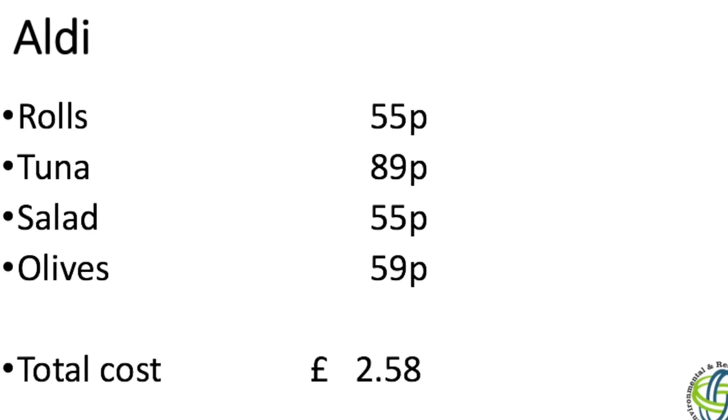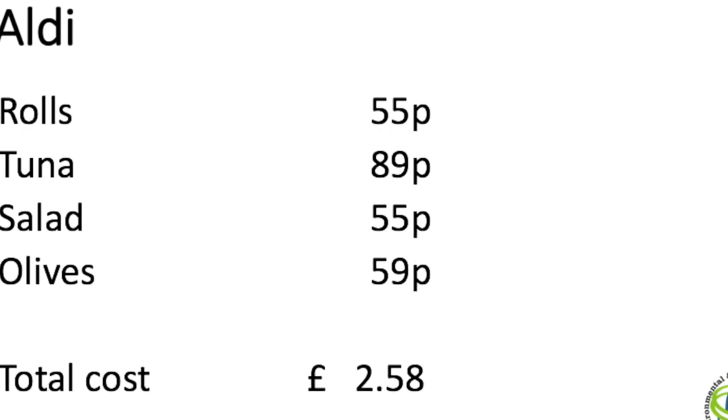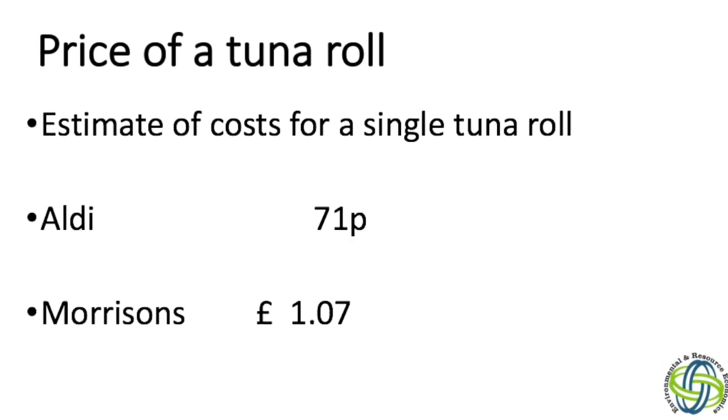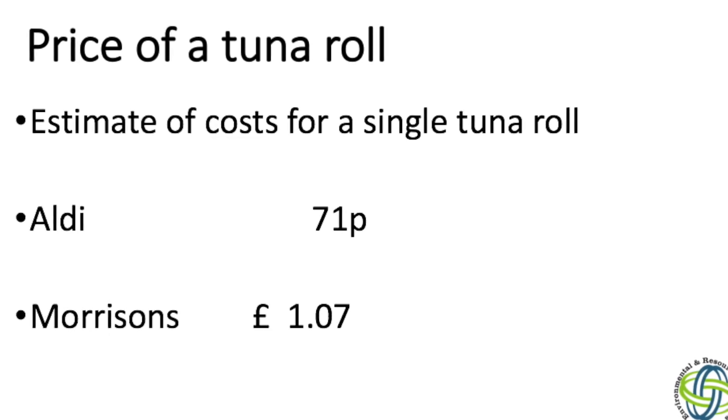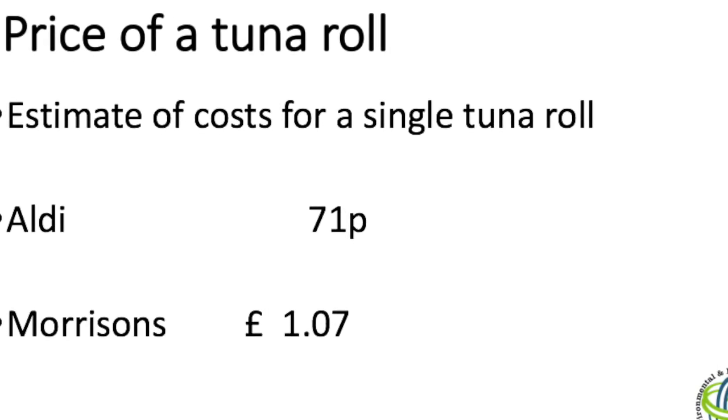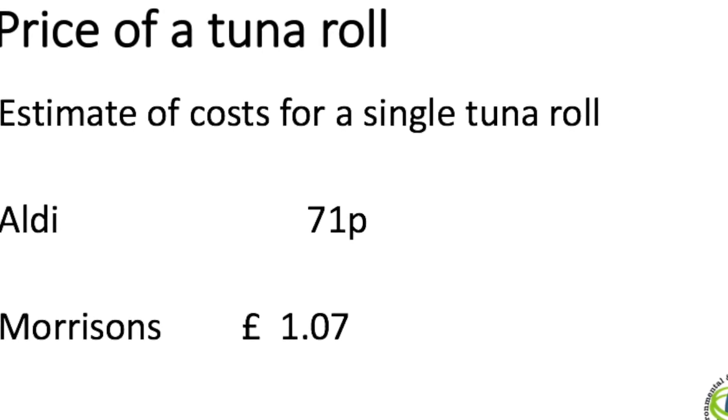And of course, you don't need all of the ingredients to make a single tuna fish sandwich. I reckon the cost of the sandwich in Aldi's came to about 71p, and in Morrison's about £1.07.